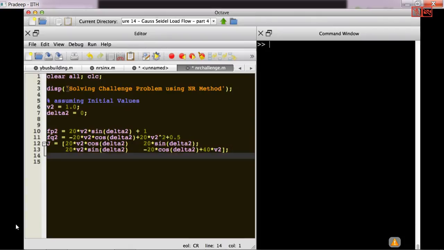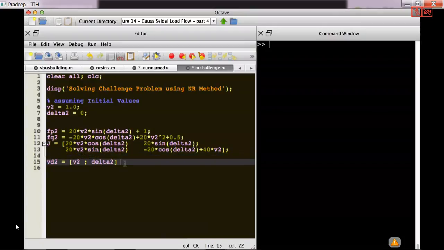I'll say VD2, I'll define it as a column matrix, V2 delta 2, minus inverse of Jacobian multiplied by FP2, FQ2, that's it.